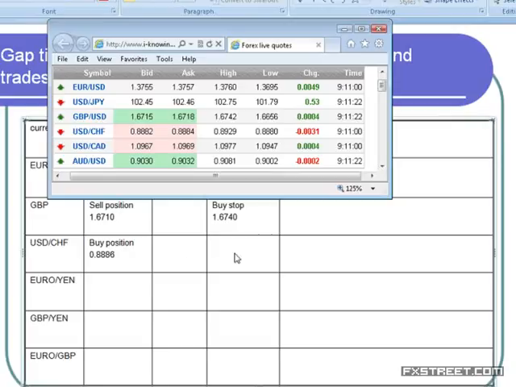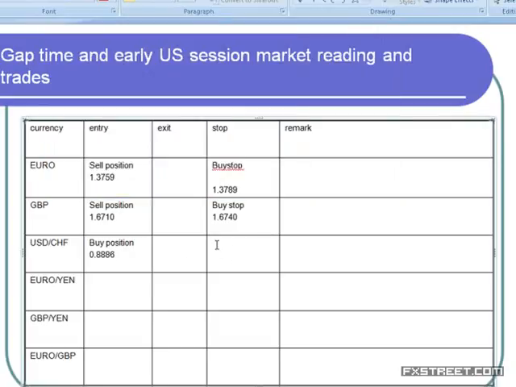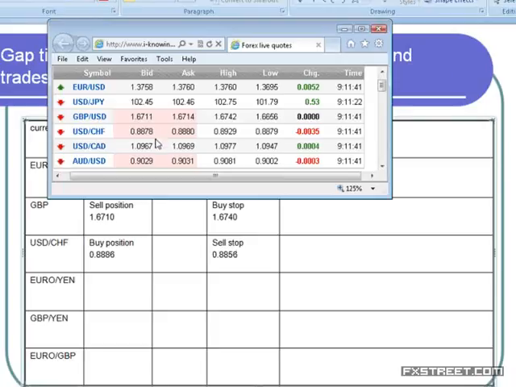Okay, 88.86 with an entry stop or the sell stop 30 pips below, 88.56. See, I'm just showing all the positions, but it is not advisable to take so many positions simultaneously.